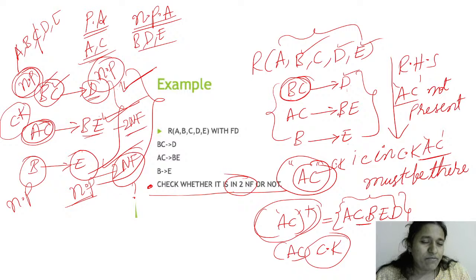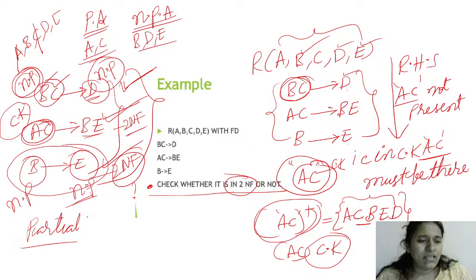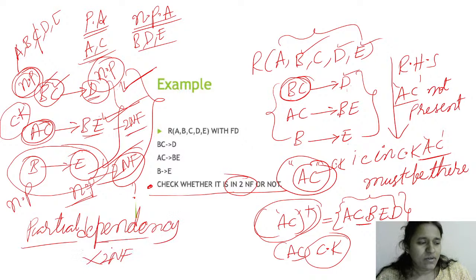If any of the functional dependencies is a partial dependency, then we have to say that the total relation is not in 2NF, right? I think you know this.